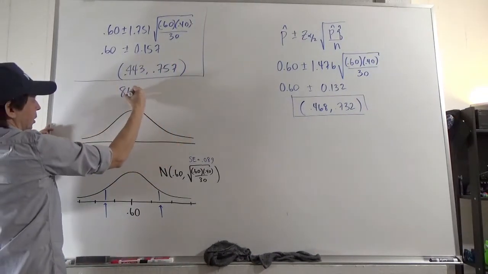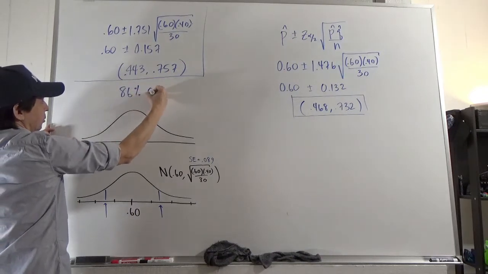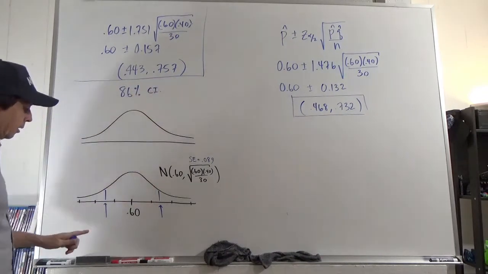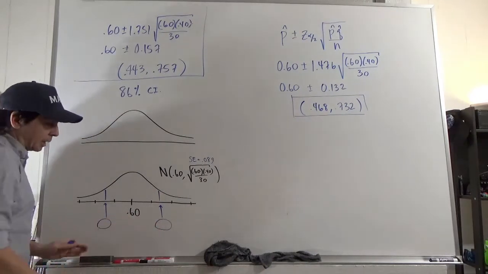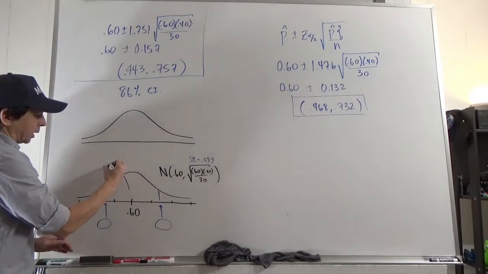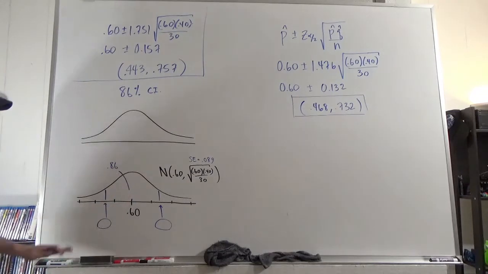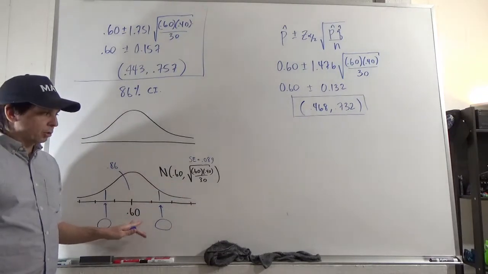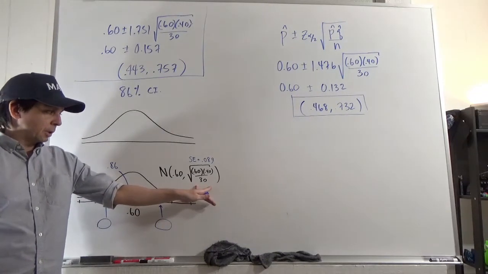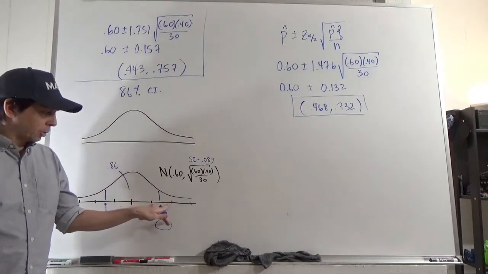I'm doing something fresh. This is referring to my 86% CI. I want a cutoff there and a cutoff there for proportions of black M&Ms so that I have 0.86 in the middle. And this is a normal distribution with that mean 0.60, my point estimate, and my standard deviation being based on that.